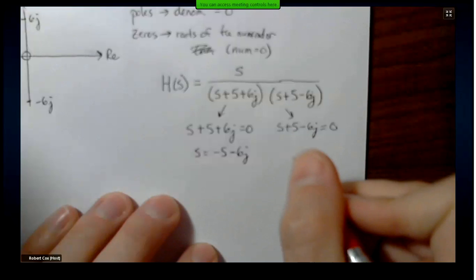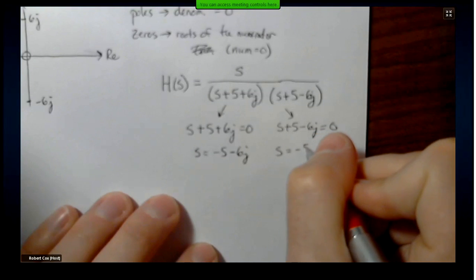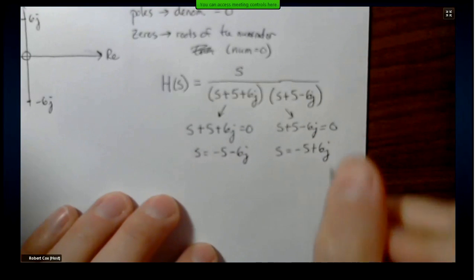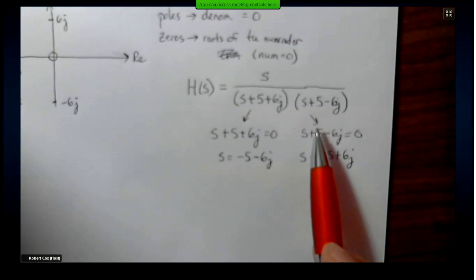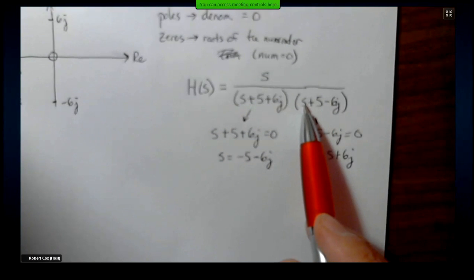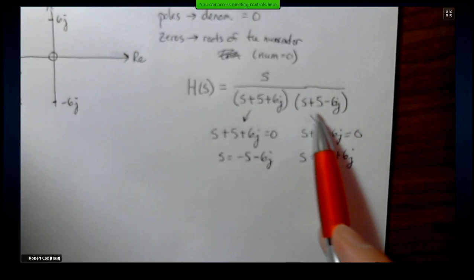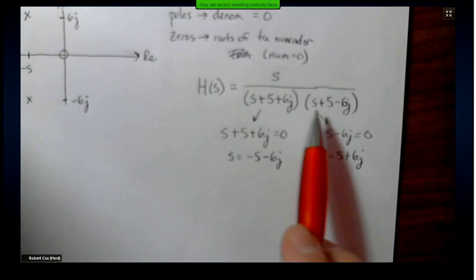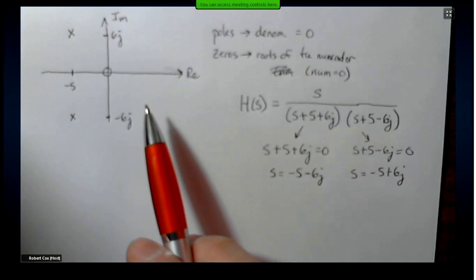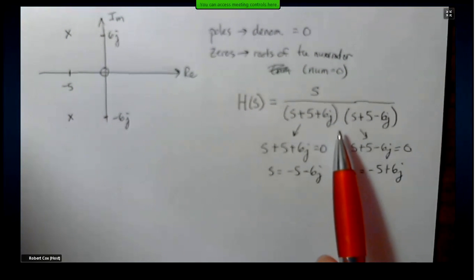What value of s makes that 0? We say it's minus 5 plus 6j. So be careful about the way I write those roots. It's the value of s that makes this term equal to 0 that is the root. All right, so for this pole zero plot, I get that transfer function.